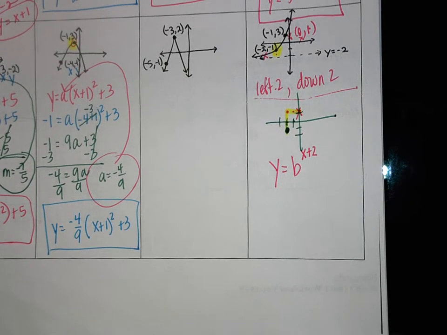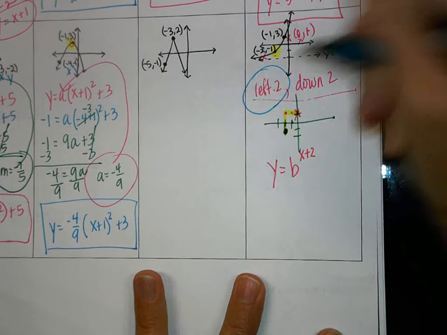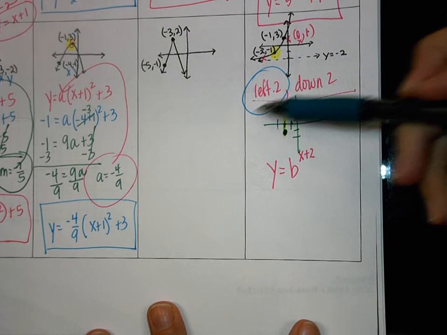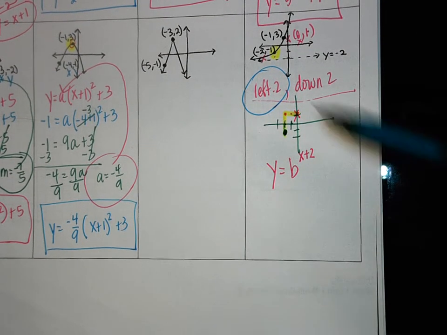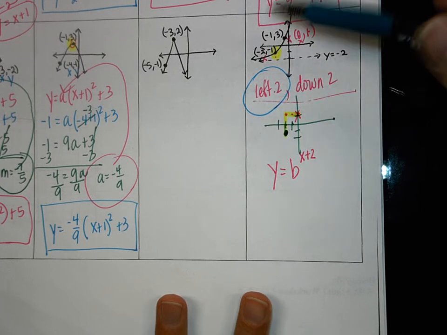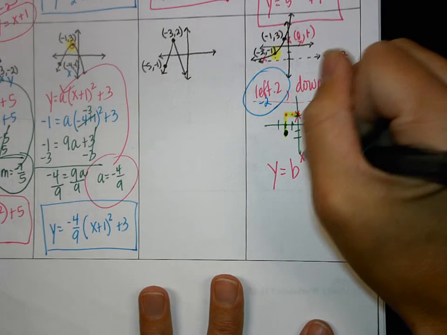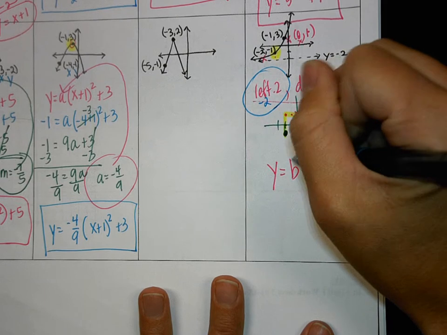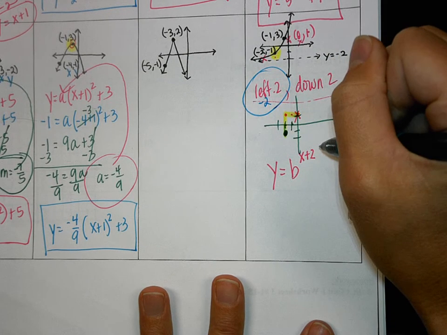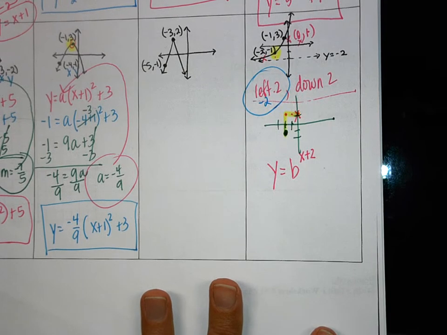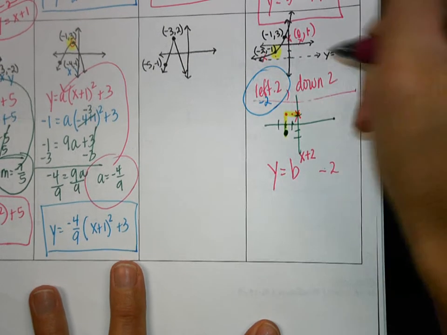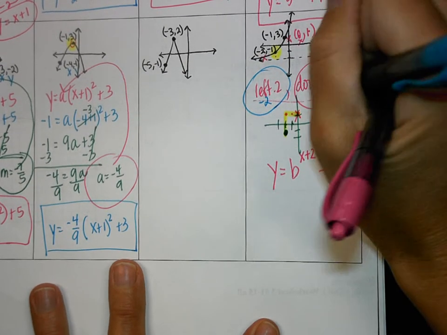Opposite in terms, it's left 2. Because it's left 2, we do the opposite. Because remember, X is on going left and right. So that's why this is actually left 2 means a -2, which here it's like the parentheses, we make it a plus 2. Are we okay? All right, and then what would be this value right here at the end? -2. Because down 2 really means -2 on the Y.